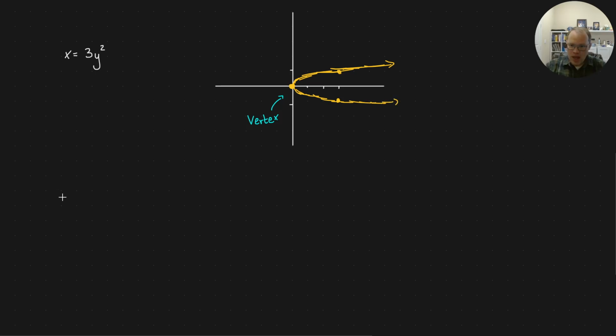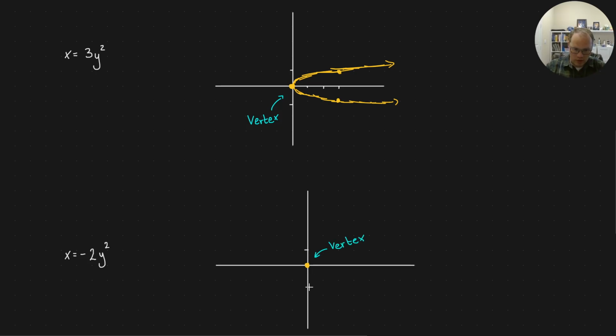Okay. And of course, if that coefficient in front of the y squared is negative, then it opens along the negative x-axis. Okay, so vertex at the origin.